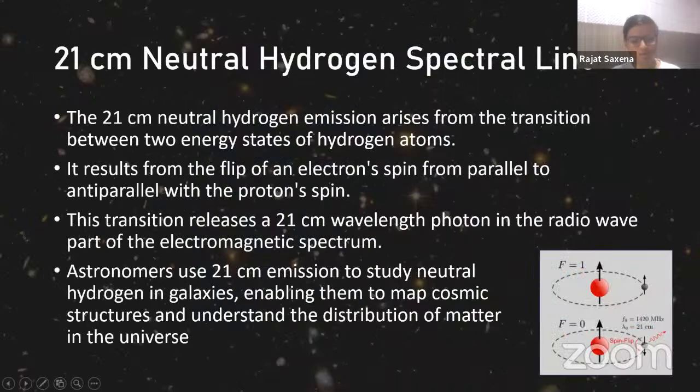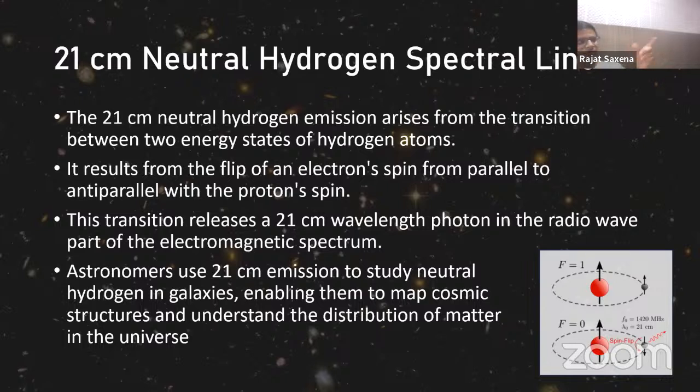Yes, so we'll briefly discuss what the 21 centimeter neutral hydrogen spectral line is. In the interstellar medium, where temperatures are very low, a single hydrogen atom goes through an energy transition, which happens when both spins are parallel and one of them becomes anti-parallel.